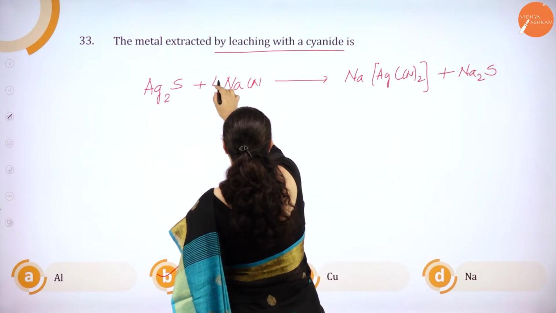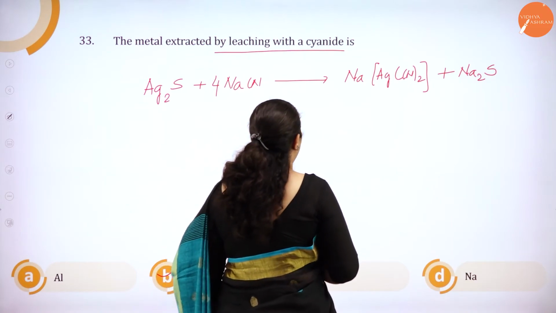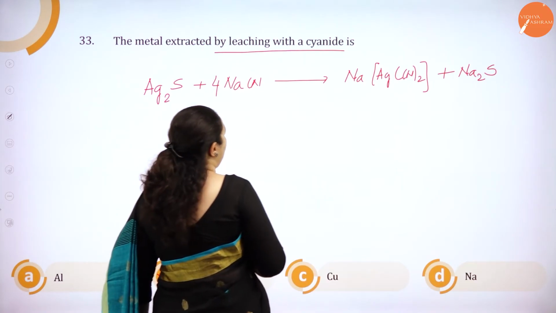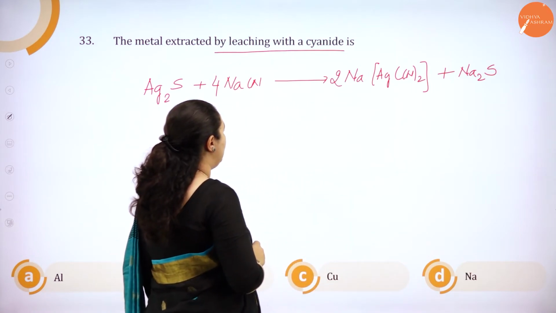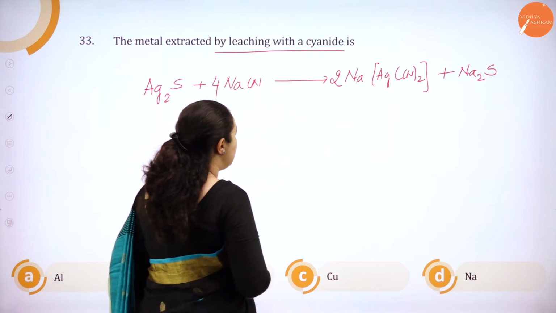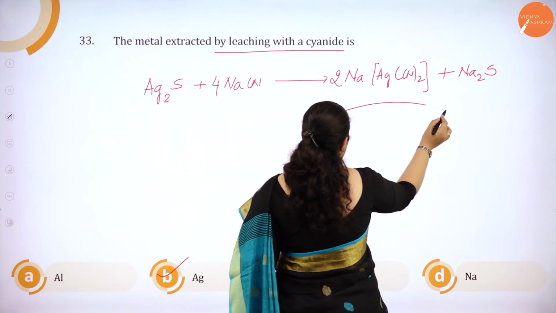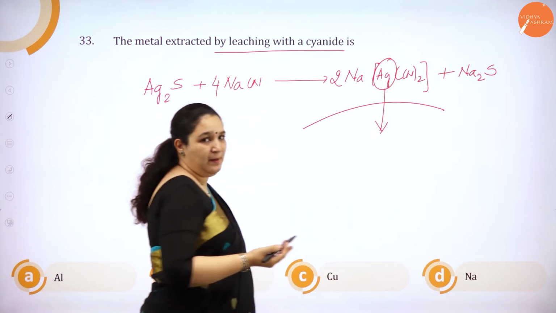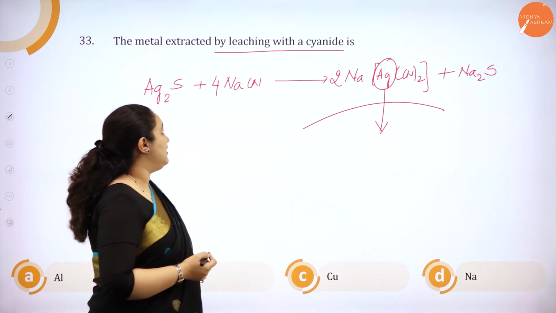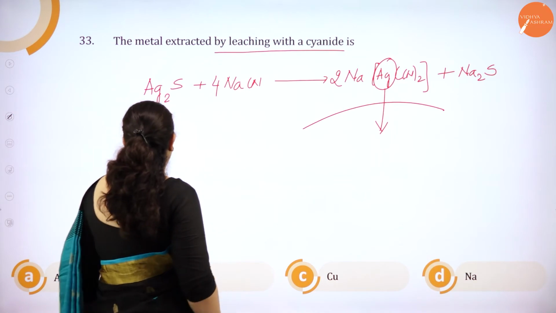Okay, we have 4 over here, we have 4 over here and we have 2 over here. So it is balanced now. For this one, when scrap zinc is added, silver will precipitate. Okay, so that is the reaction here.